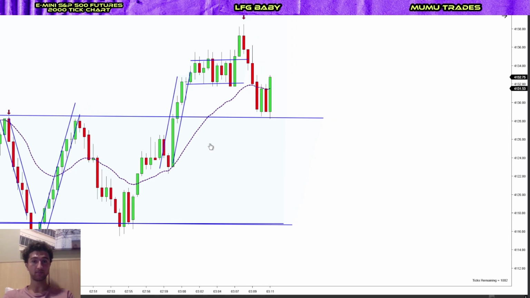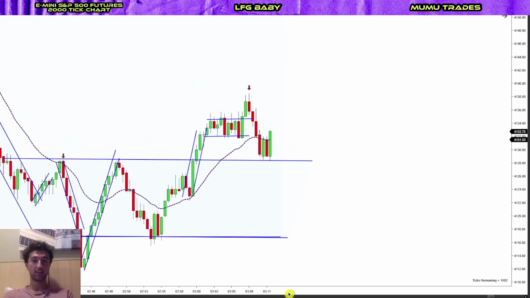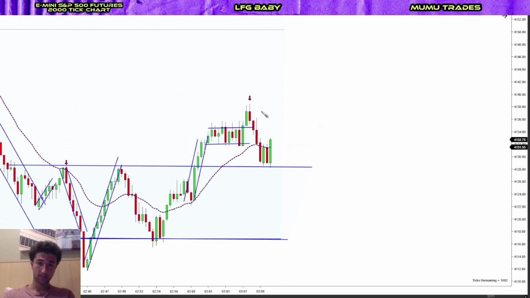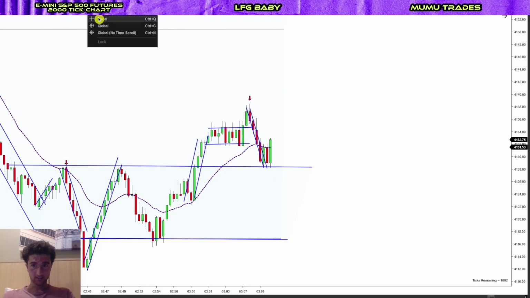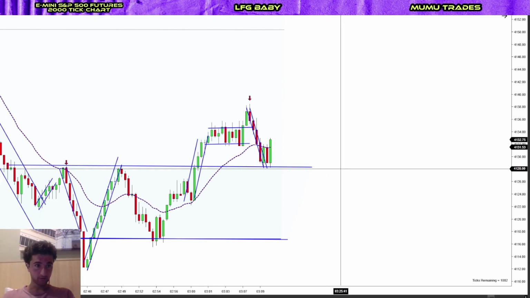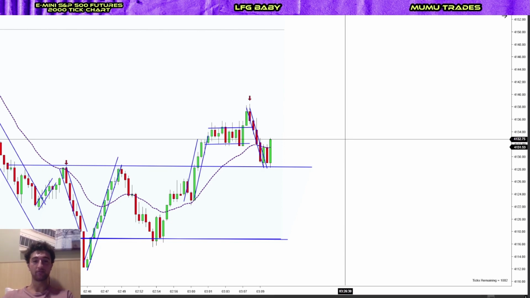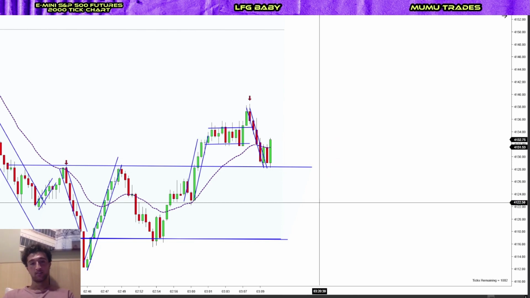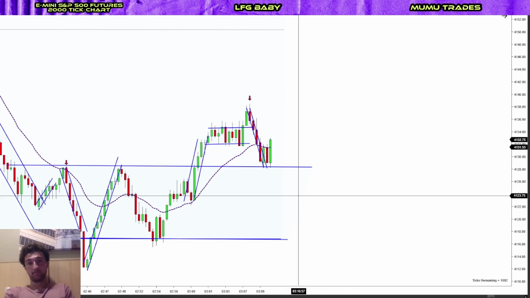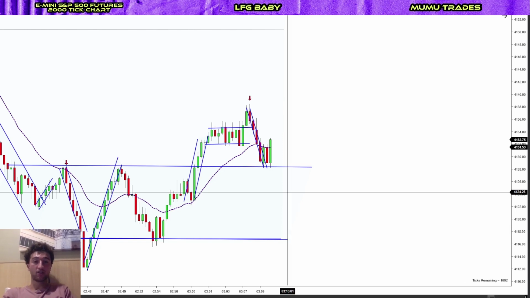Not quite. So there we have a second entry long, because we have a first entry long, second entry long. It is a breakout pullback pattern, and we do have a break and a new low of this short-term downtrend. So that honestly looks like a pretty good trade, but let's see what the risk would be. So it would be from about 28 to, so yeah, the bar's way too big, but my intuition is going to tell me that because it's a second entry long, we're going to go up.